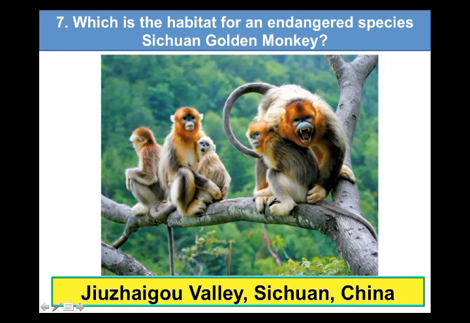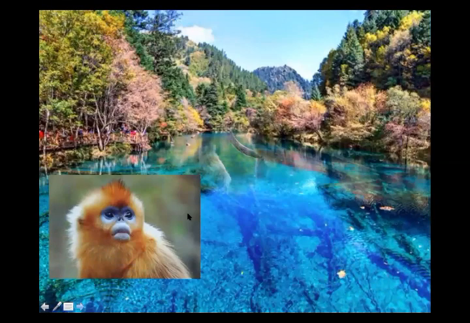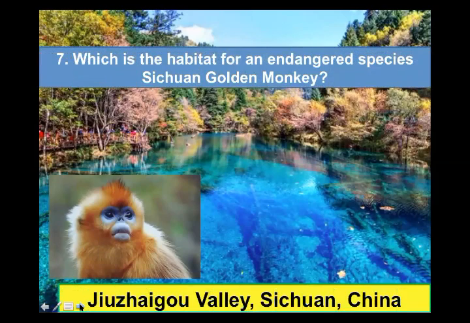The place is called Zhaogao Valley of Sichuan, which belongs to China. This is a beautiful valley which cuts through the Chinese part. It opens up a very good valley and river system, giving very good diversity. These monkeys are restricted to this particular region.